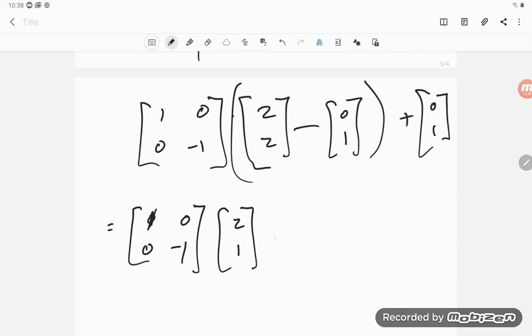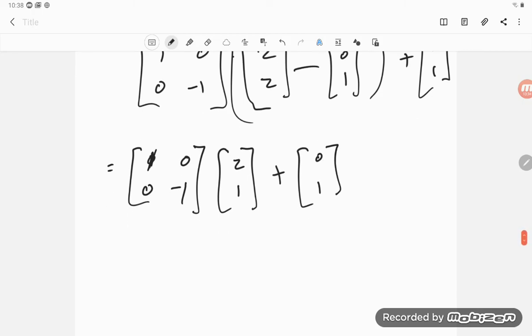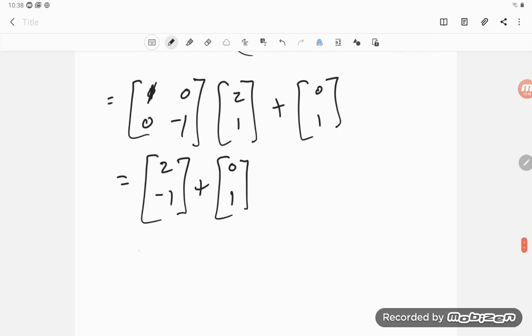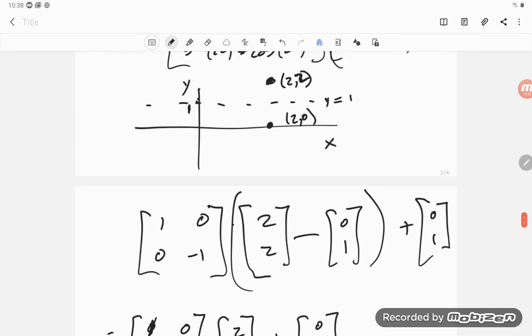And so I'll do that multiplication and then add in 0, 1. Okay, so I get 2 and negative 1 when I do the multiplication, plus 0, 1. And that is the vector 2, 0, which is what I thought I ought to get.